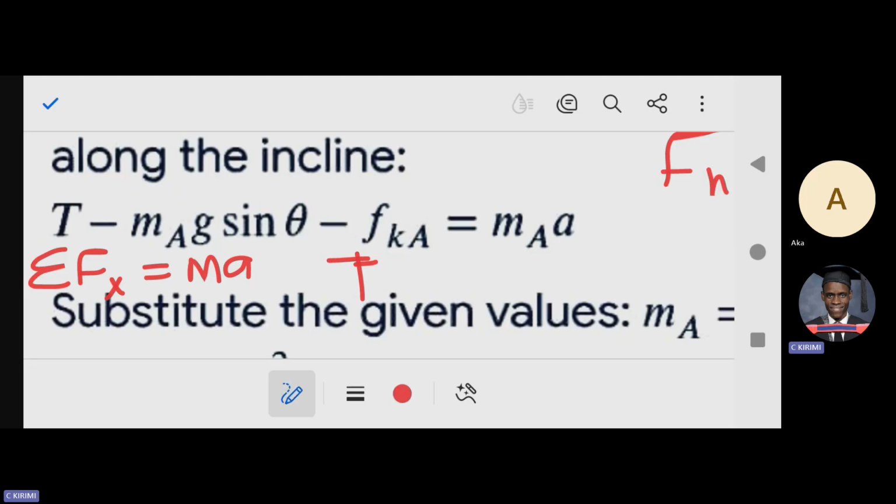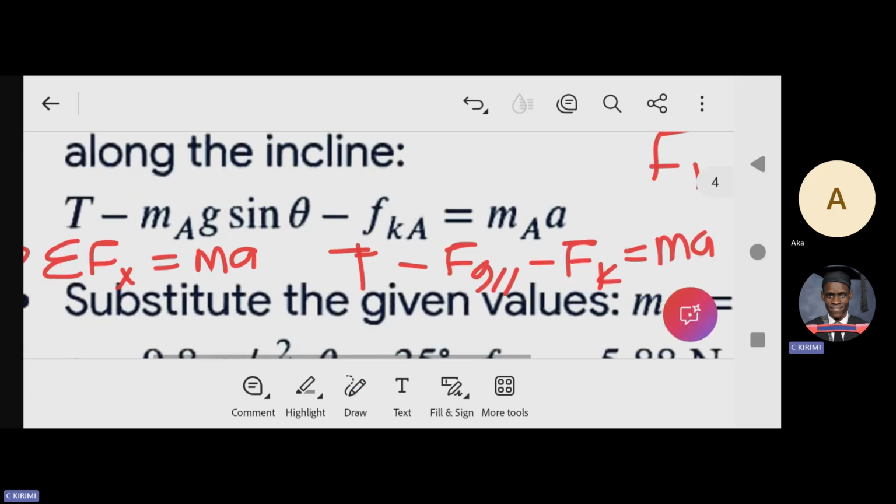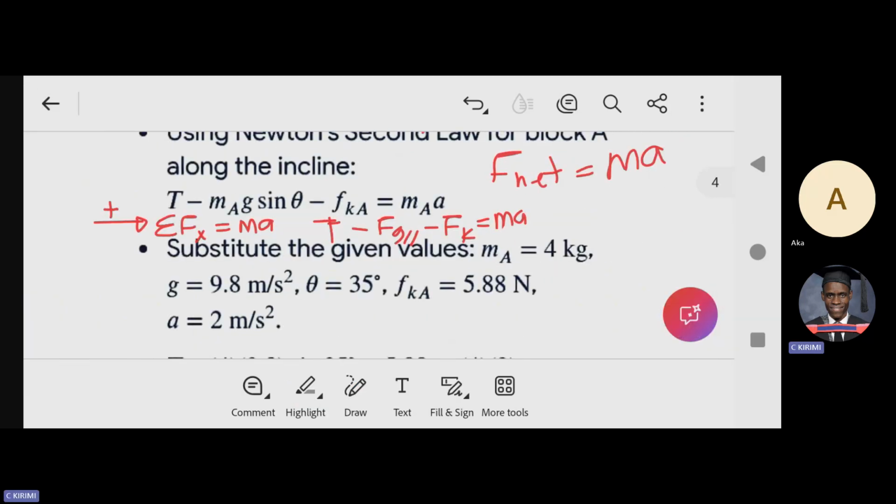That's why I am putting a negative, because of the sign. They are going in the opposite direction. So it will be minus FG parallel minus FK, kinetic friction, which should give me mass times acceleration only for block A. That is the equation which is happening.